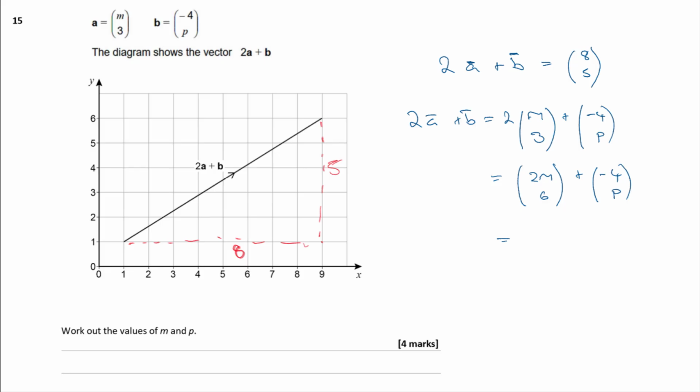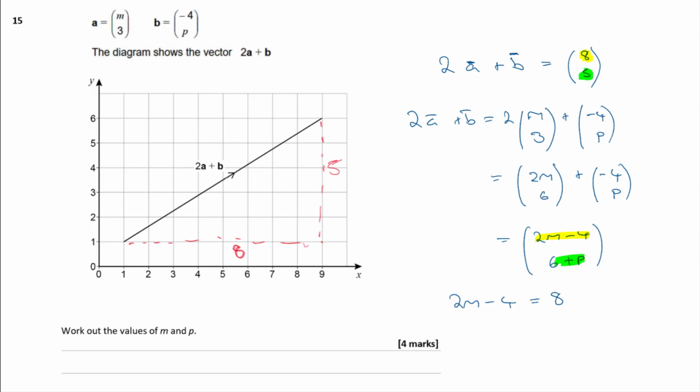So that is equal to 2m minus 4 and 6 plus p. Okay, so comparing the two things, I know that that part there must be the same as that there, and this part here must be the same as that one there. So in other words, 2m minus 4 is going to be equal to 8.